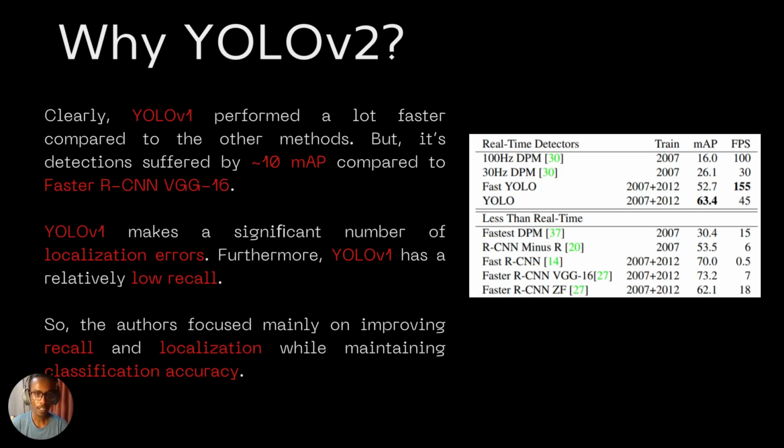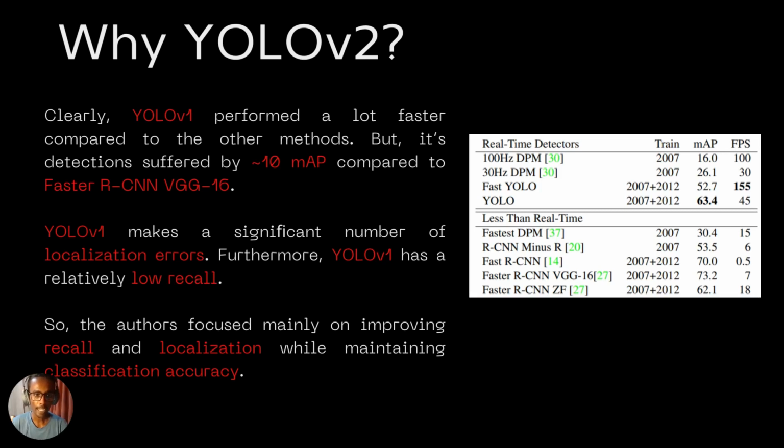As we can see from the table, when we use a VGG16 backbone for Faster R-CNN, we get a mean average precision of 73.2. For YOLO, we got 63.4, and it's lagging behind in terms of accuracy from the R-CNN family.